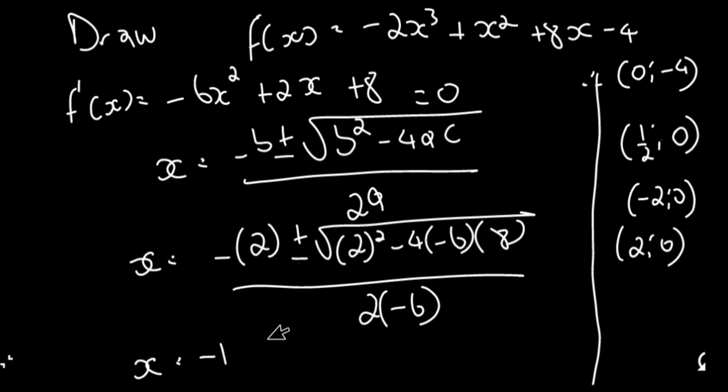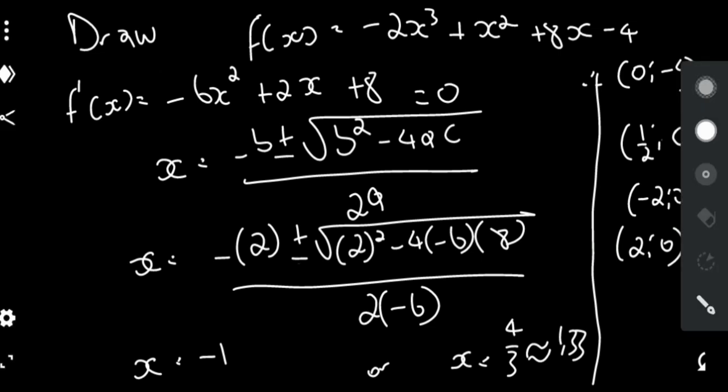It's going to be negative 1, or x could be positive 4 over 3. Since you want to sketch, we need to know that 4 over 3 is approximately 1.333. Let me erase everything here.